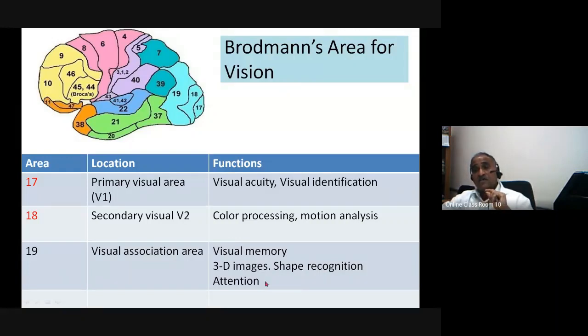It also provides attention, because this area 19 is interconnected with area 8, the frontal association area. So from the occipital to the frontal, this is attention. That is the Brodmann's area for vision.